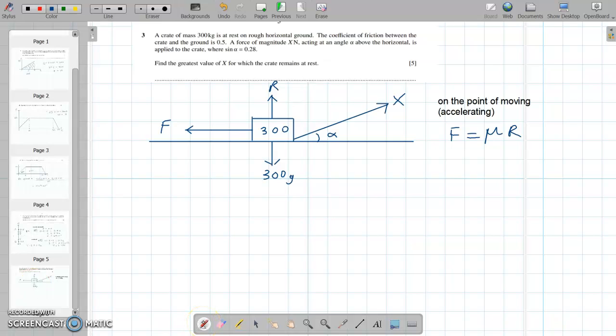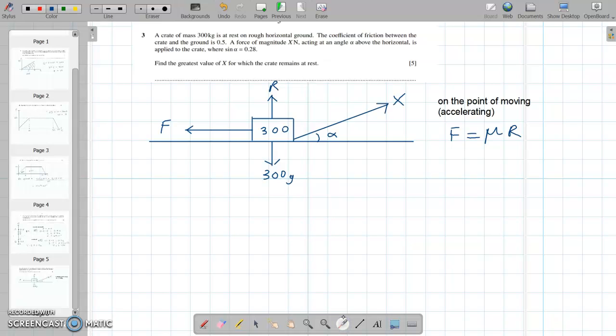Okay, now if it wasn't on the point of moving, if x was reduced, then F wouldn't equal mu r, x would be smaller than mu r. Okay, so you can see overall F is always less than or equal to mu r. Okay, but if it's on the point of accelerating, that's equilibrium, then F equals mu r.